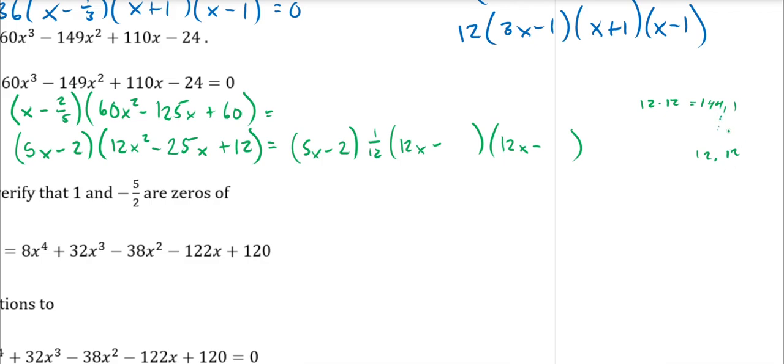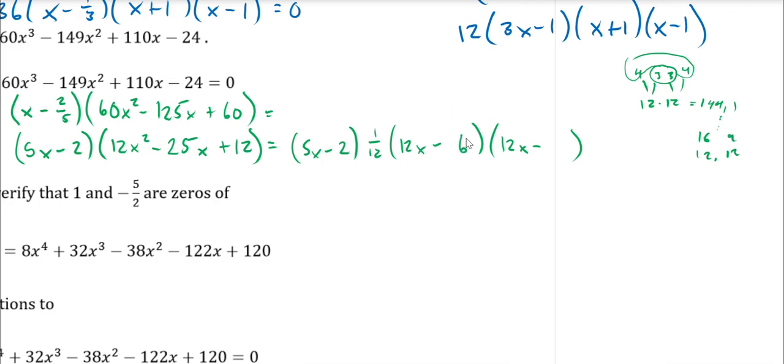That's too low. So maybe just before that, what about 10? No, we have no 10s that we can pull out of 144 because there's no 5s. How about 9 then? Well, yes, we can do that. This will give me 9 times 16 is 144. And indeed, 9 plus 16 is 25.